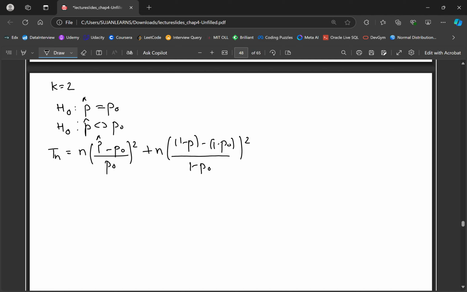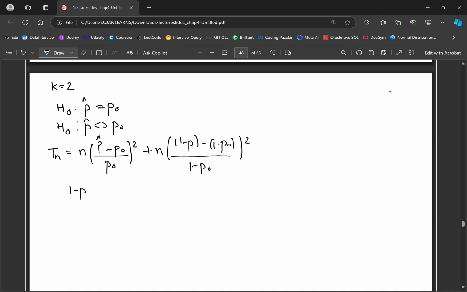Now we have to simplify the second term. Can you think about how we can simplify the second term to a simpler form? This is how it looks when we simplify the second term.